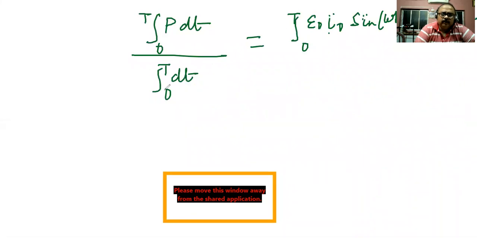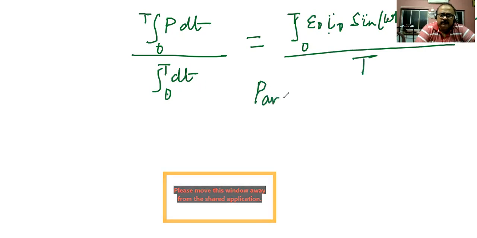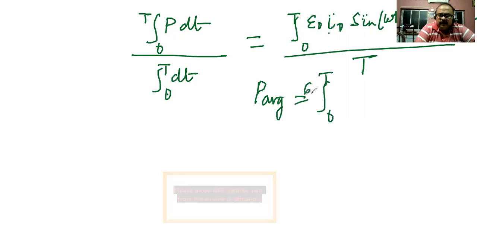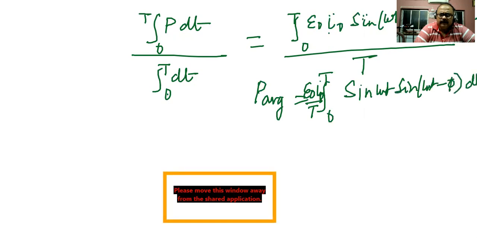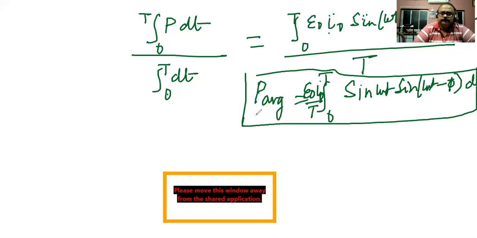The integration of dt from 0 to T gives us T. So I can write average power equals E naught I naught by T, taken outside, times the integration from 0 to T of sine of omega t into sine of omega t minus phi dt. So this is your expression for average power.